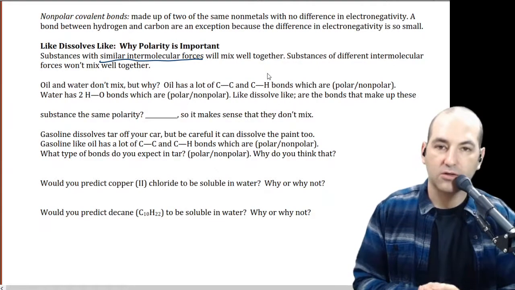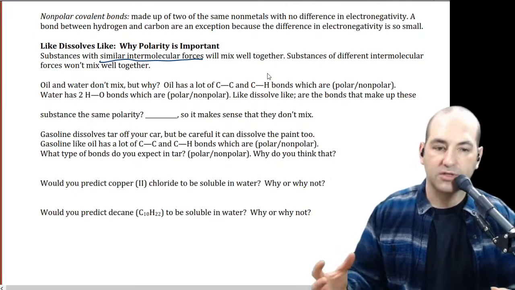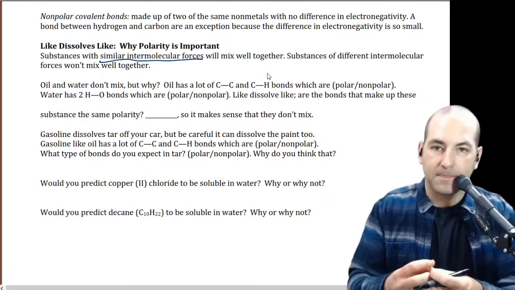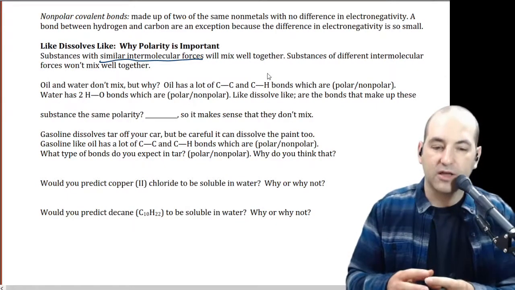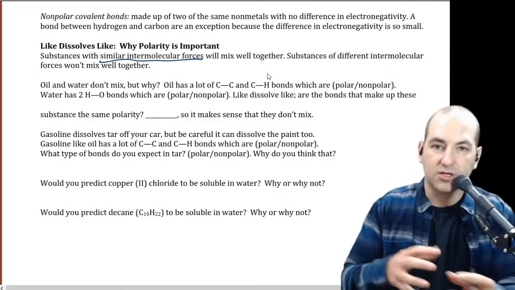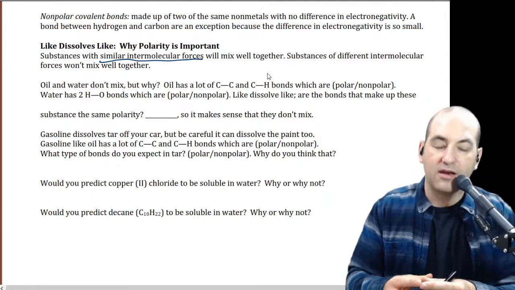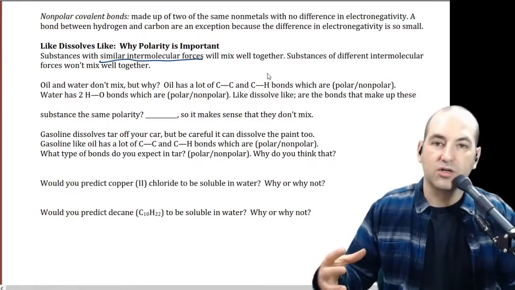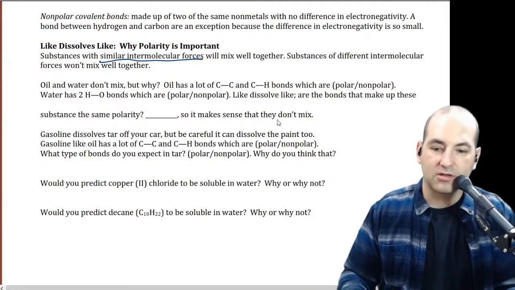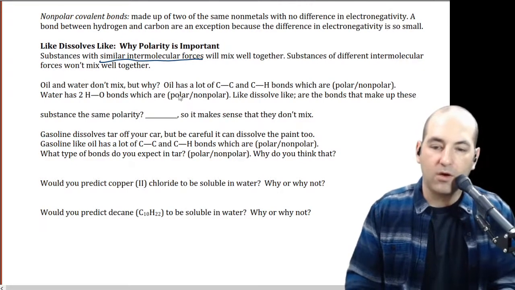When you create a solution, you have to take two pure substances and mix them together. So that means the interactions, the intermolecular forces between the two substances, have to be stronger than in their original pure substances. So for example, oil and water.